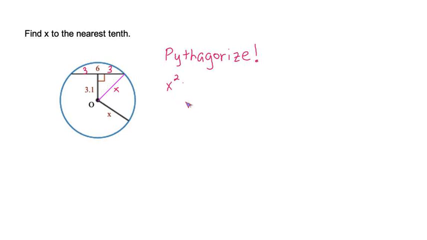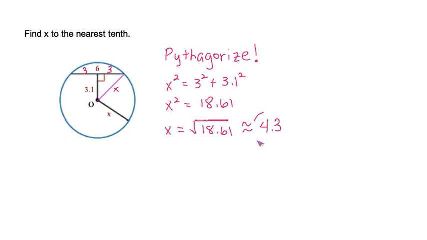X squared equals 3 squared plus 3.1 squared. And that gives me x squared equals 18.61. Now I'm going to have to take the square root to find x. And it says we're to round to the nearest tenth. So again, using my handy dandy calculator, I find that to be about 4.3.